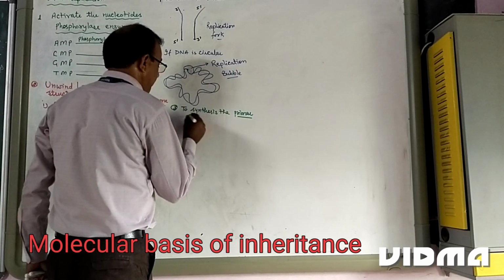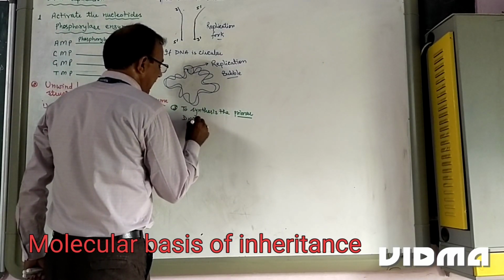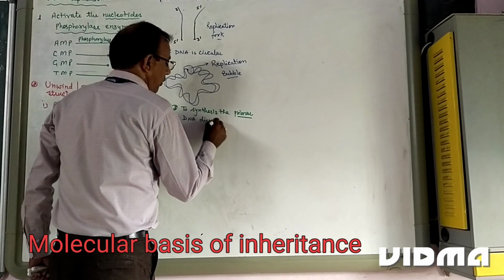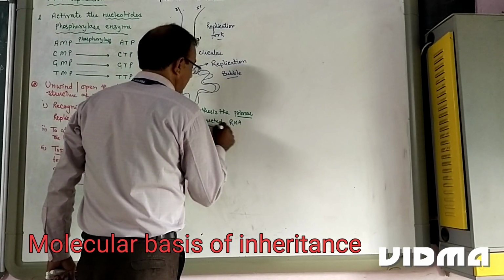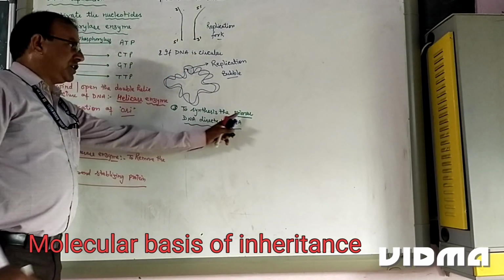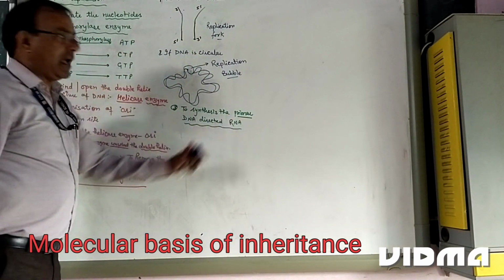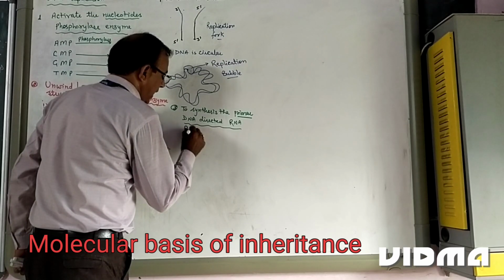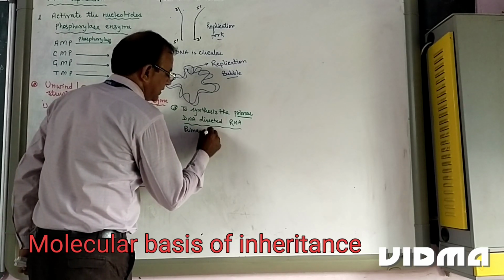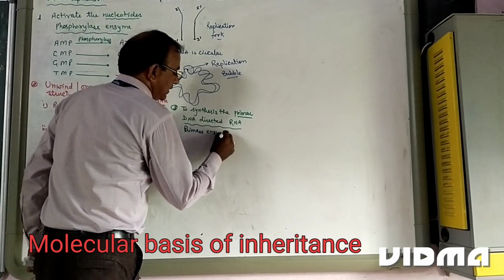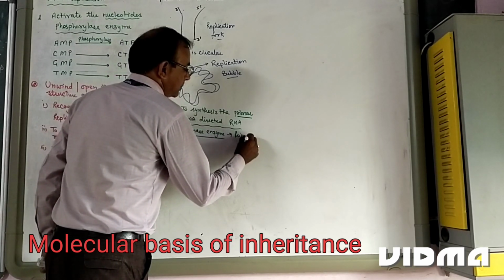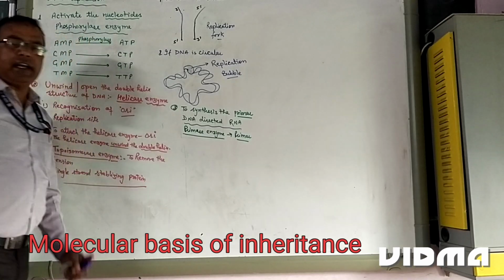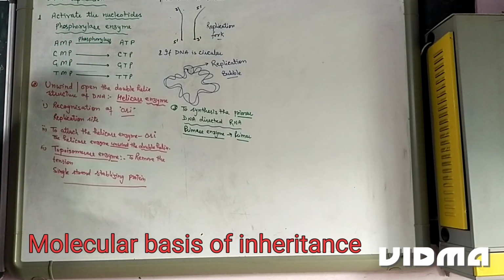We can say that a primer is a DNA directed or DNA dependent RNA molecule. Name the enzyme which synthesizes the primer, that is primase. So with the help of primase enzyme, we synthesize the primer. And what is primer? Primer is a DNA dependent RNA molecule.